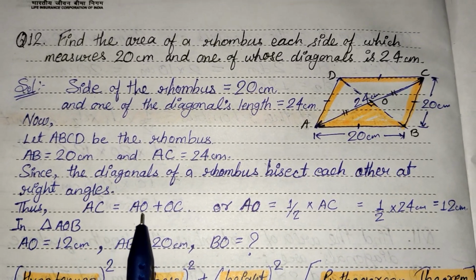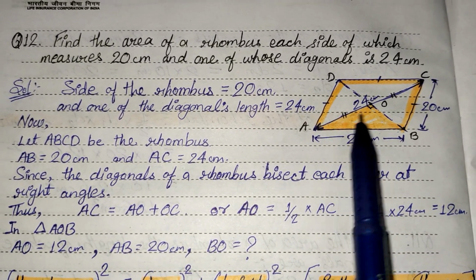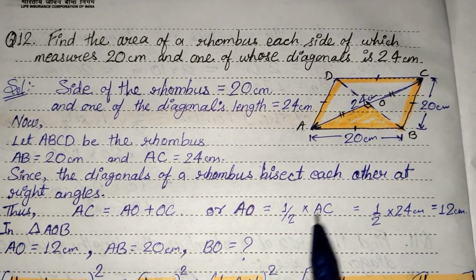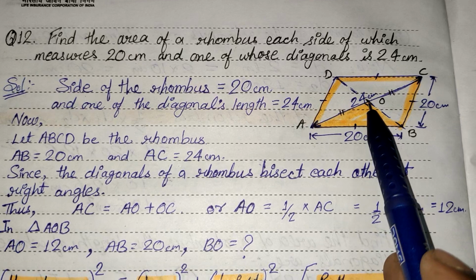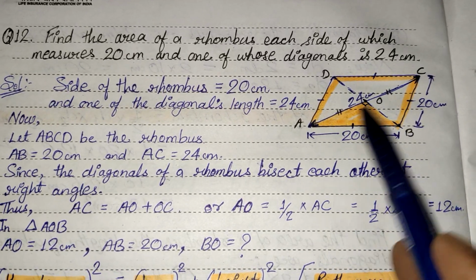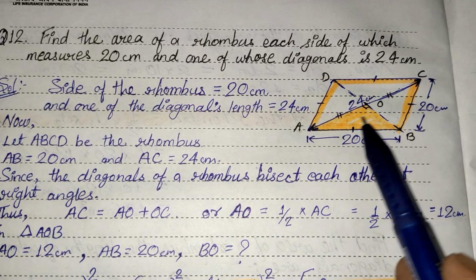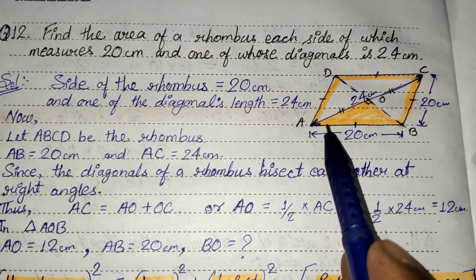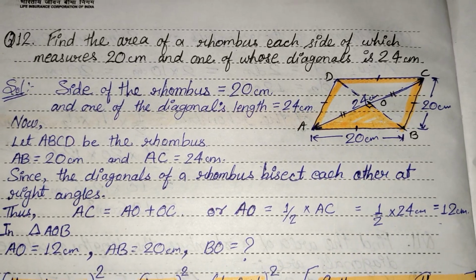Thus AC is equal to AO plus OC, so AO is equal to 1 by 2 AC, and AC is 24 centimeter, so half of the AC is 12 centimeter. So AO is equal to 12 centimeter.